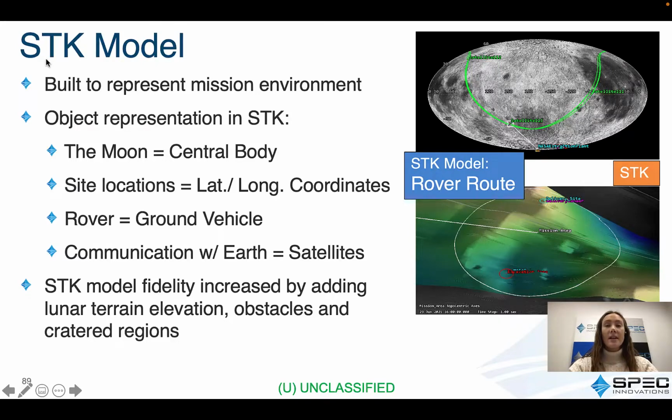The fidelity of the STK model was increased by adding lunar terrain elevation, obstacles, and crater regions. This was done by following the maps provided by the Break the Ice Challenge and researching the Shackleton crater.